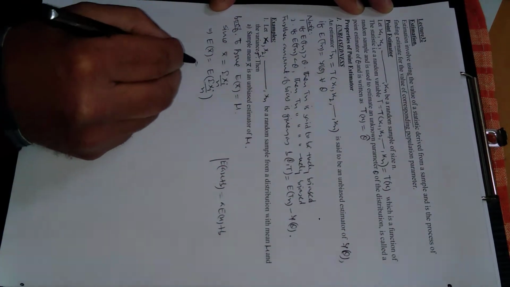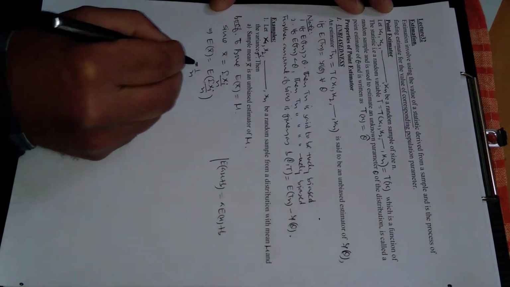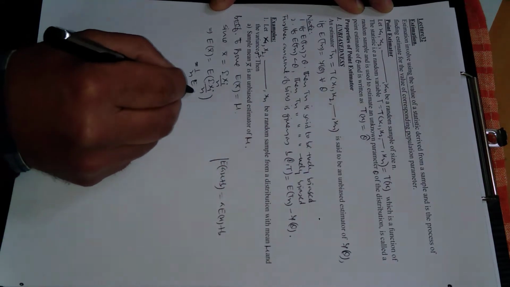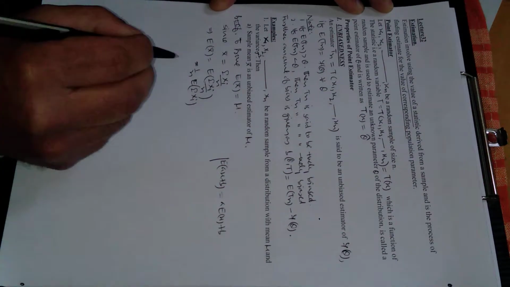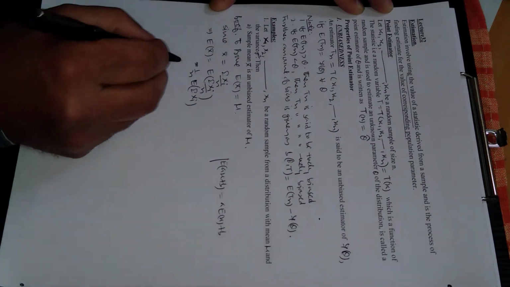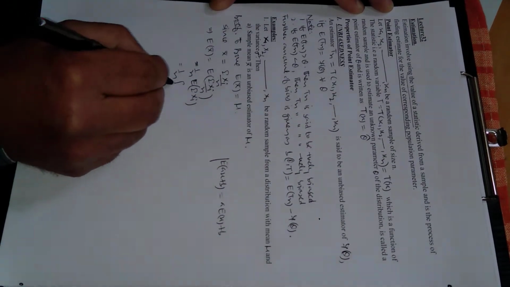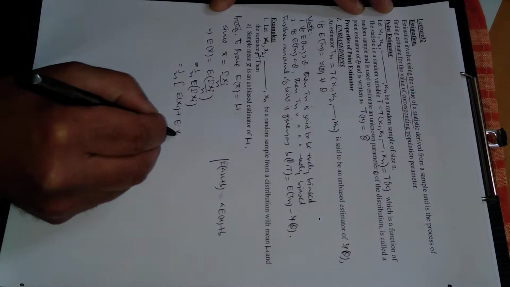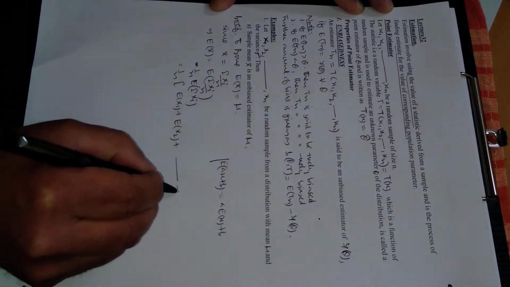Because of this property, n is constant, so 1 upon n, the rest is expected value of summation xi. Clearly i is varying from 1 to n because this is a random sample of size n. If we open this, the first term will be E of x1, next will be E of x2, and the last term will be E of xn, bracket close.